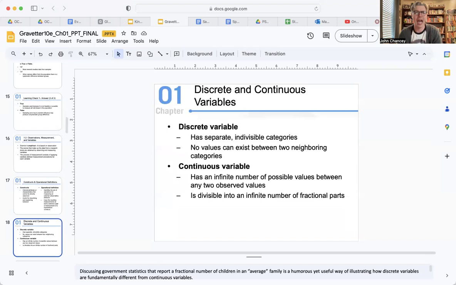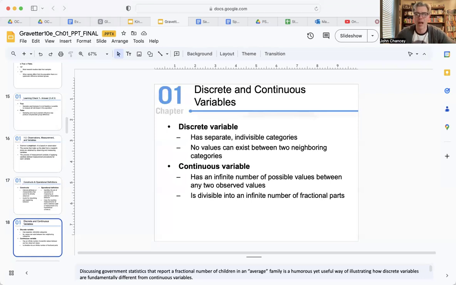Those are very discrete categories, and there's no in between. You're either a freshman or you're a sophomore. Versus continuous, where there really is an infinite number of possible values in between any two observed values. Think about this as more like your height. You could be 70 inches, and there could be people who are 75 inches, and there are people all in between.